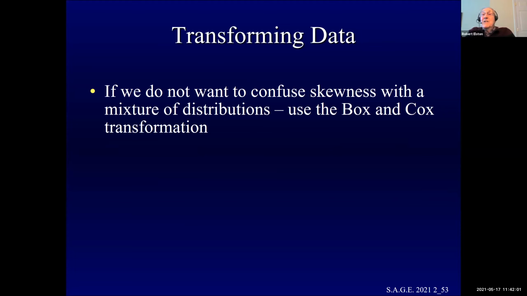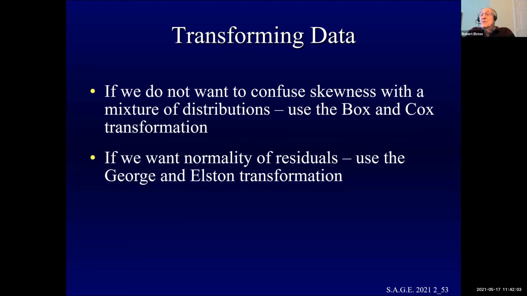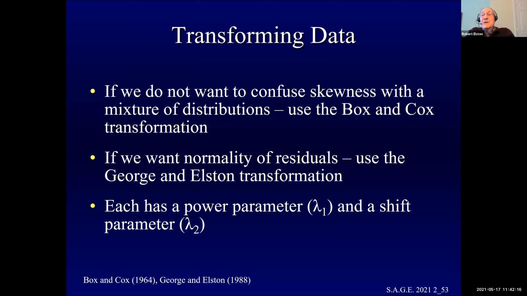On the other hand, if you want just normality of the residuals, you should use the John-Draper modulus power transformation, sometimes known as GEMPT. Now, each of them has two parameters, a power parameter, lambda 1, and a shift parameter, lambda 2.